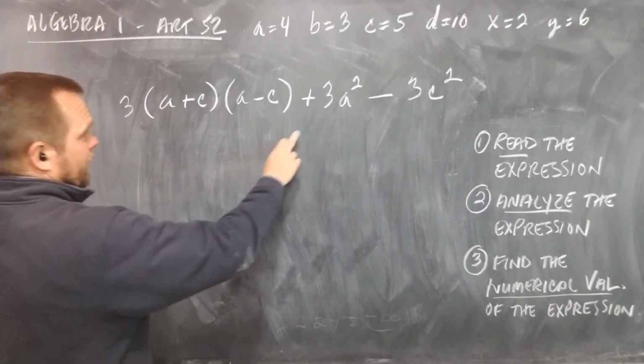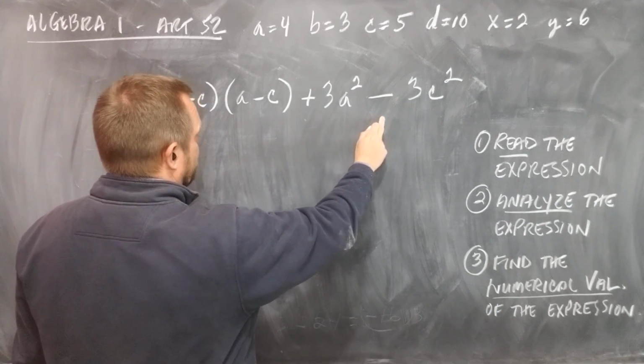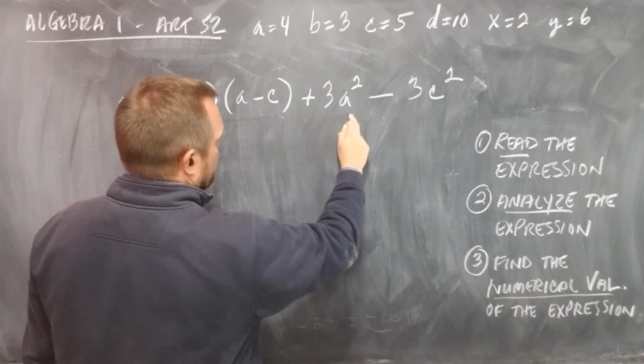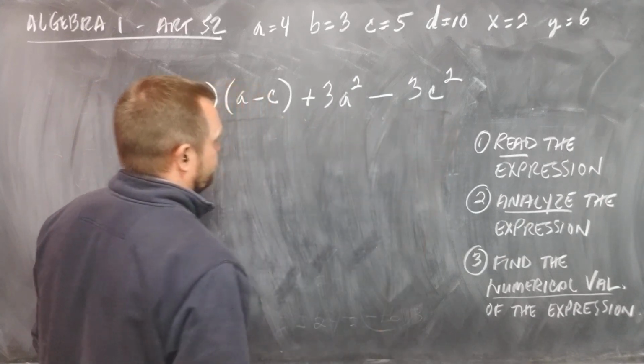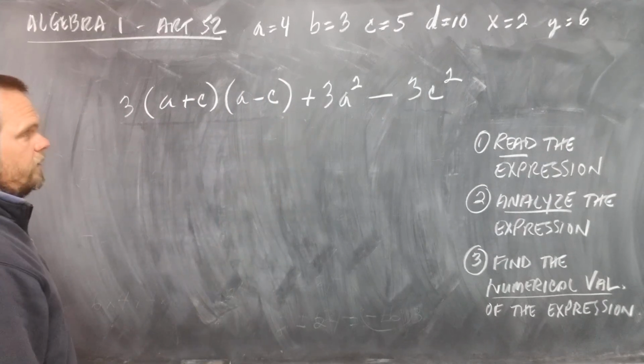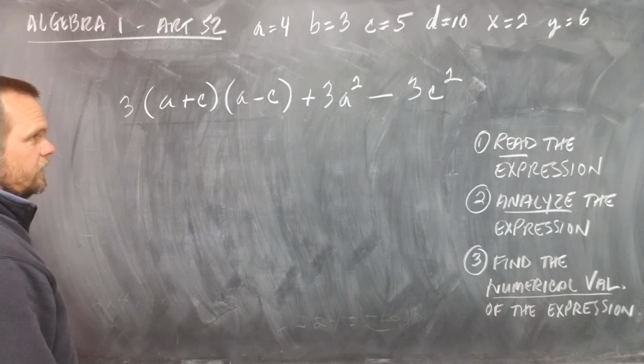We can see we have a plus sign and a minus sign, so we have 3 terms. Here's our first, here's our second, here's our third. It's a trinomial. So let's work through and find the numerical value of this expression.